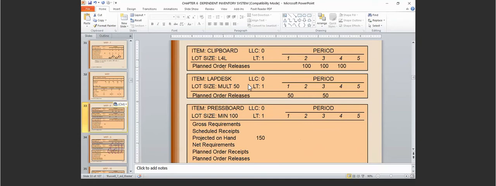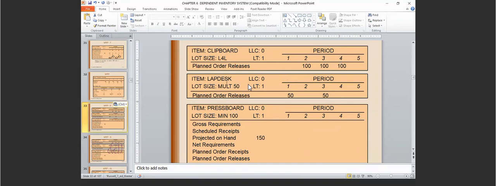Here we have the planned order release for the clipboard of 100 units in period 2, 100 units in period 3, and 100 units also in period 4.